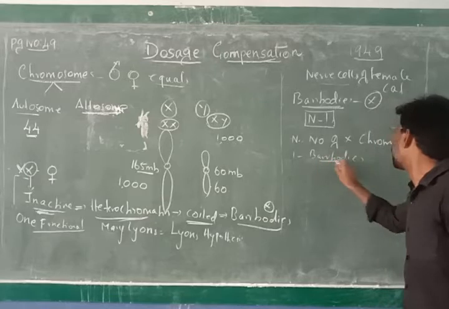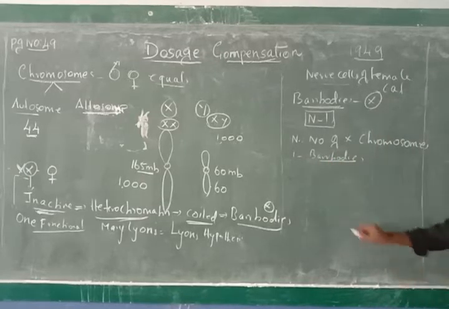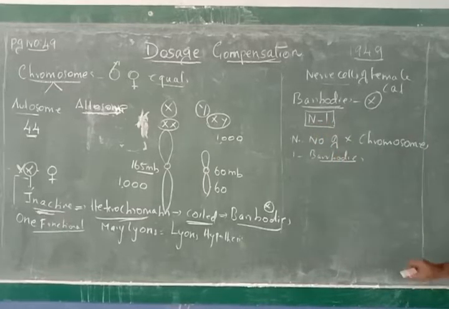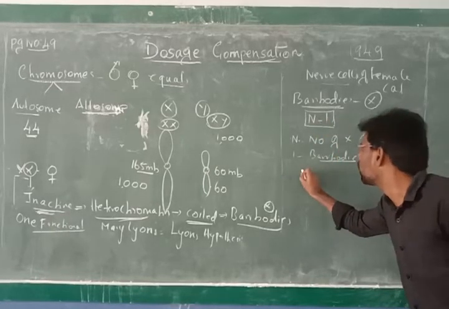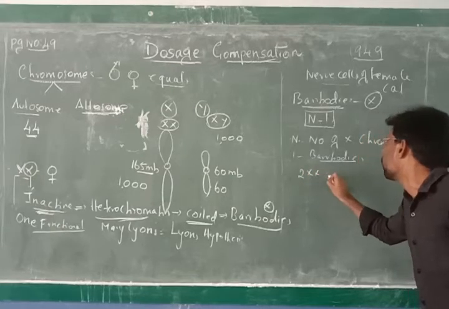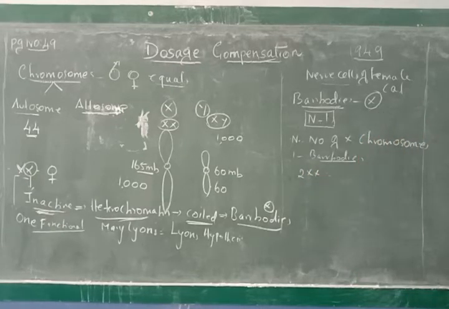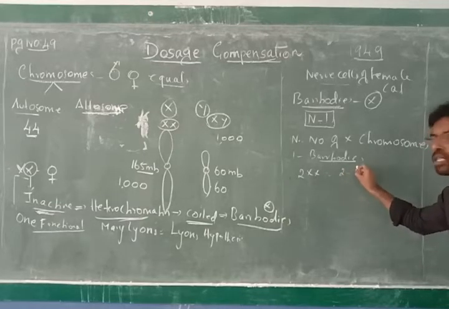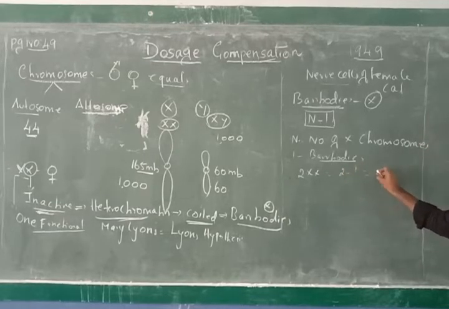So how will you calculate the number of Barr bodies? That is n minus 1: total number of X chromosomes minus 1. So suppose a female has 2 X chromosomes, what is the number of Barr bodies? 2 minus 1, so the Barr body is 1.